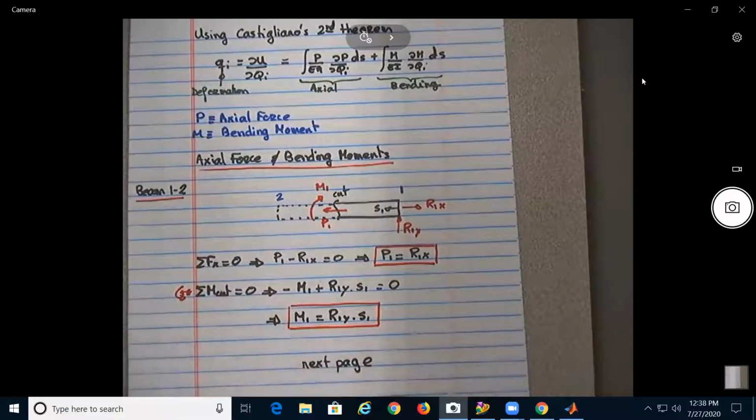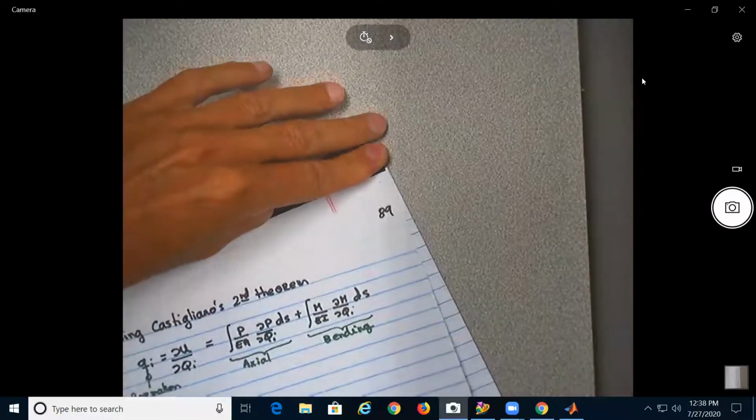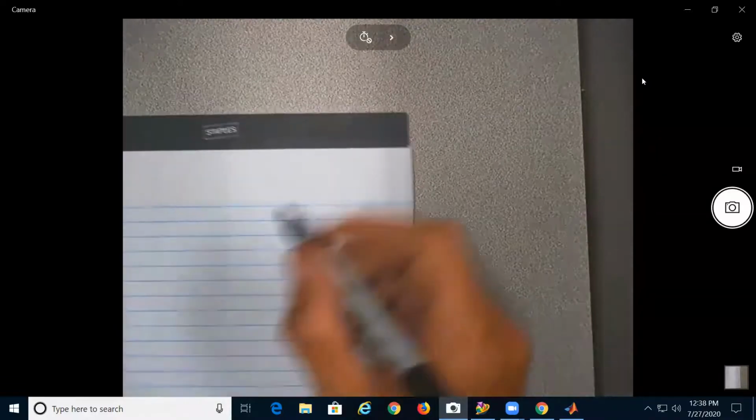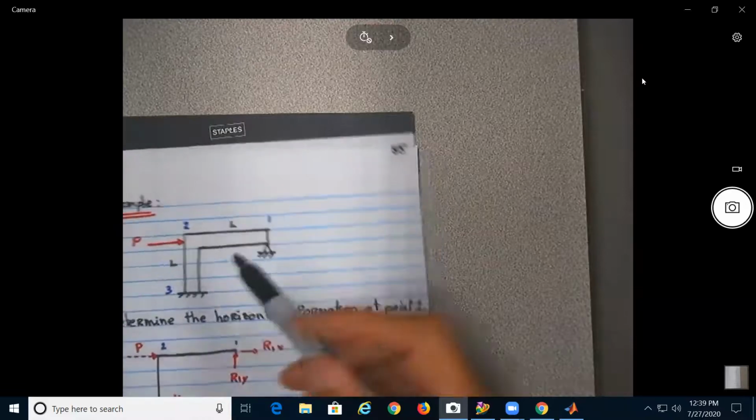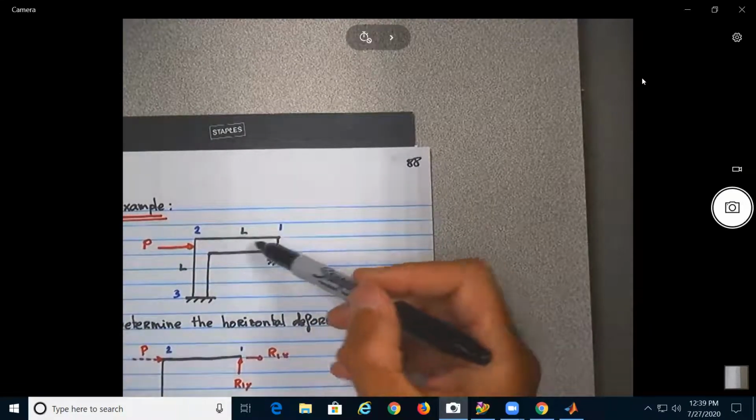Now to do the other beam, beam 2, 3. Okay, so for beam 2, 3, now we need to do the same thing. The tells you need to make a cut every time there is a discontinuity. So you need to make a cut before the force P2.